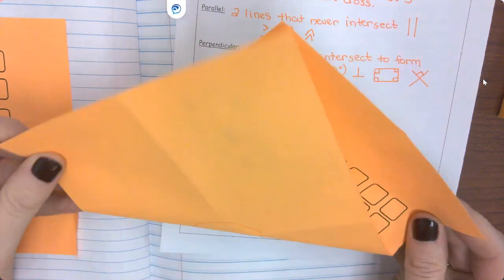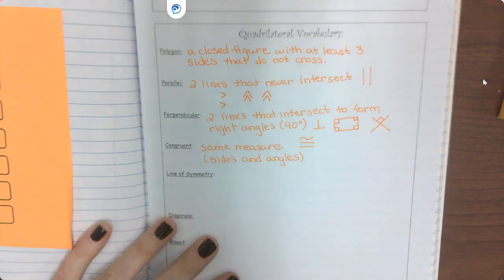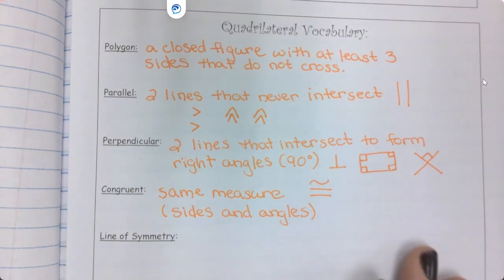So that's one of the things we're going to be talking about in this unit, which shapes have how many lines of symmetry, different characteristics of our different shapes involving that, how you can fold it.